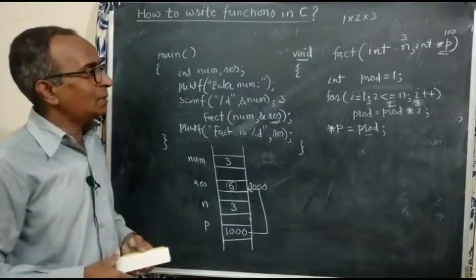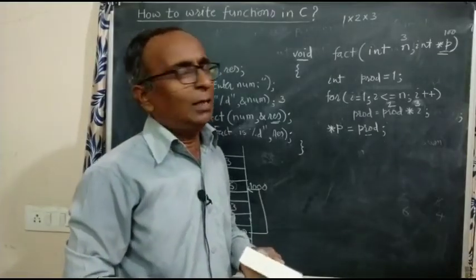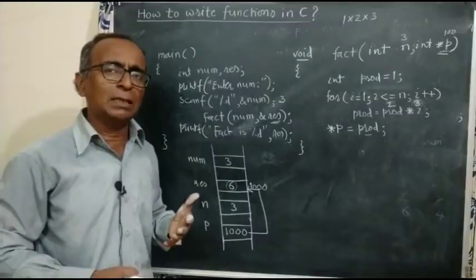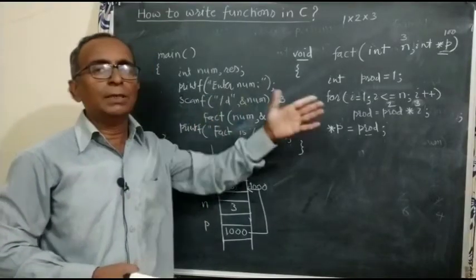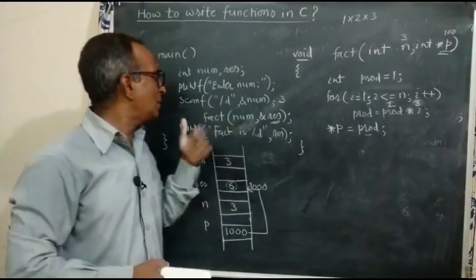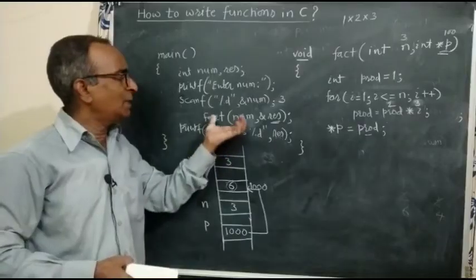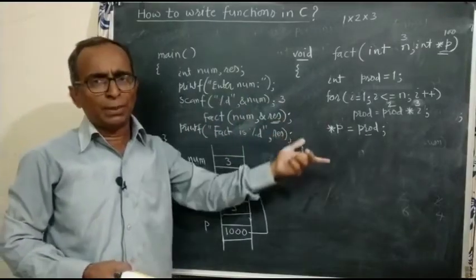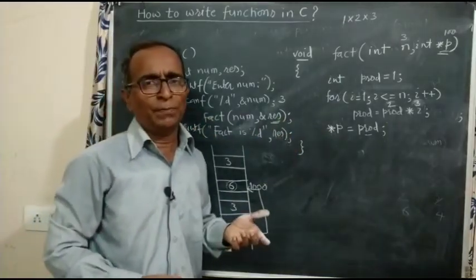So this is the way we should think for writing functions. In future videos, I'll take many examples like this, how we should think of writing these functions. Many things you should know in functions actually. We have seen a simple example here, and you should know how to send arrays to a function, how to send structures to a function.